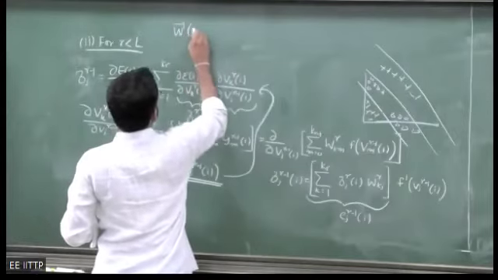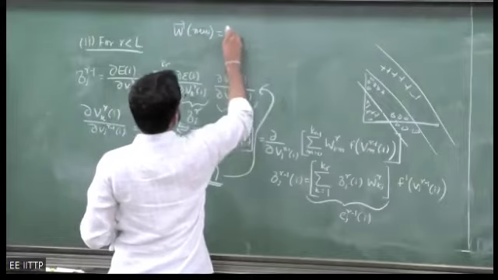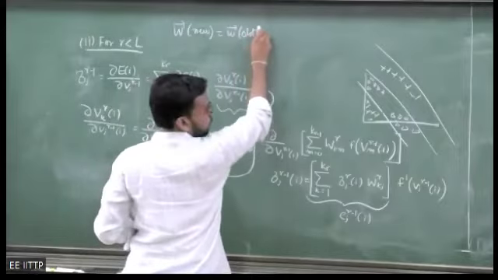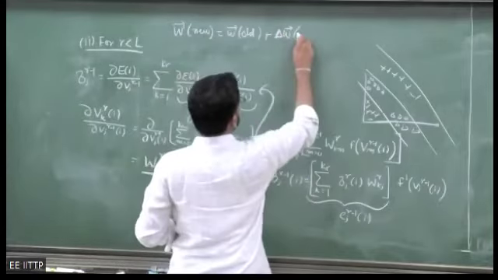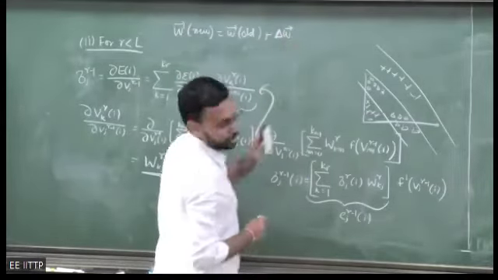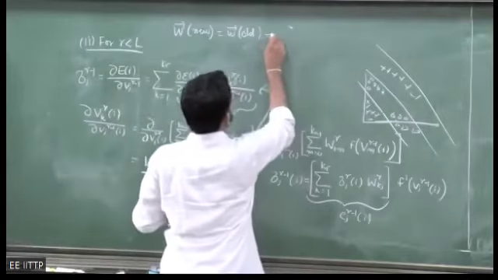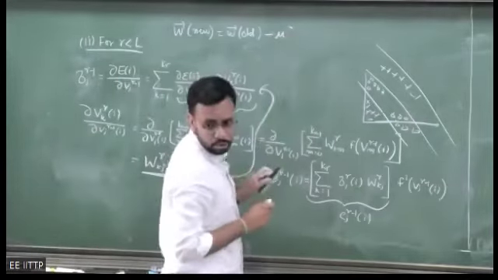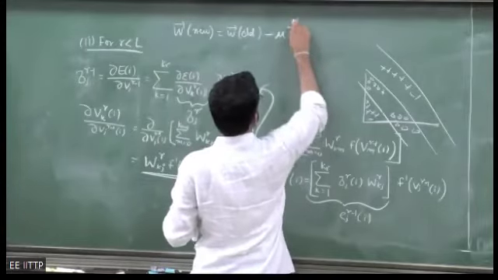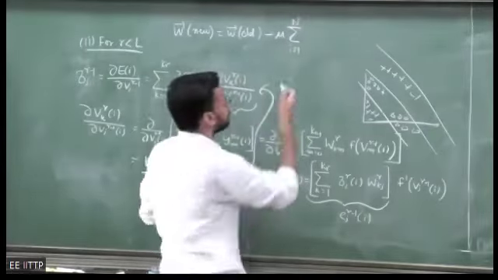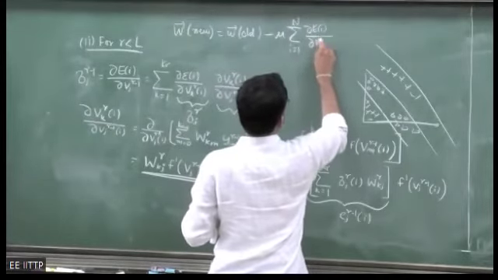W bar new is equal to W bar old plus delta W bar, maybe you call this old or new, I don't care. That's the delta change you are making. If you recollect, this happens to be minus mu into the whole summation of i equal to 1 to n of dou E of i by dou W bar.